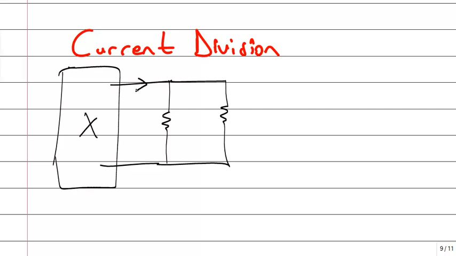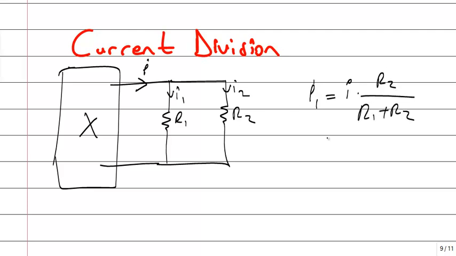If you know this current, let me say I, and the values of the resistors, you can easily calculate the currents. I1 is the total current times the other resistor divided by the summation, and I2 is the total current times R1 divided by R1 plus R2. Inversely proportional.